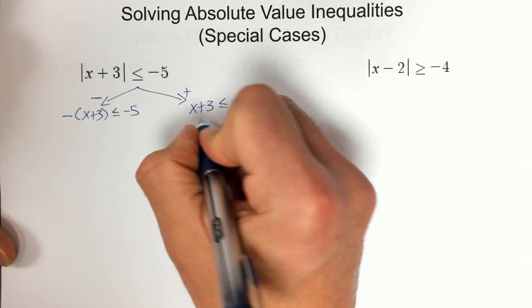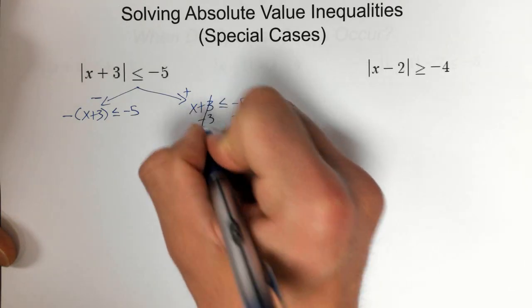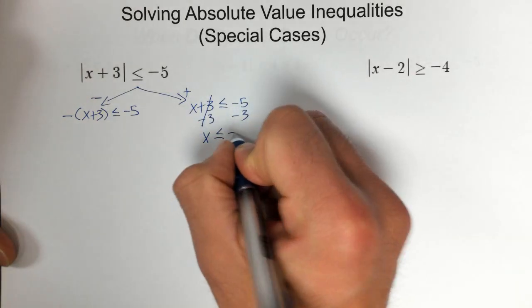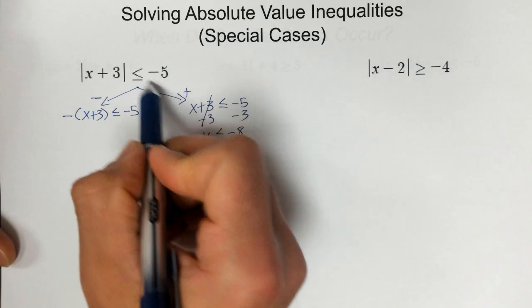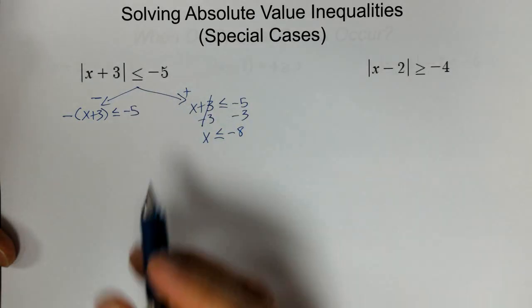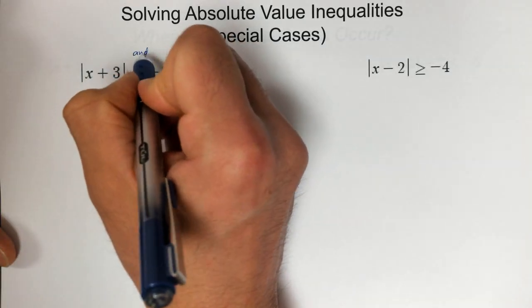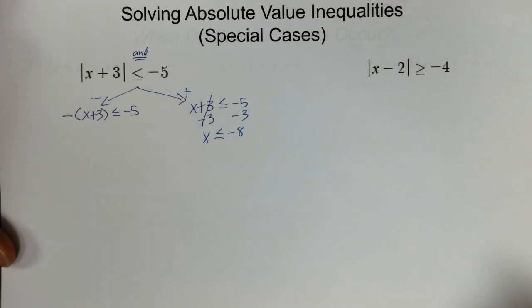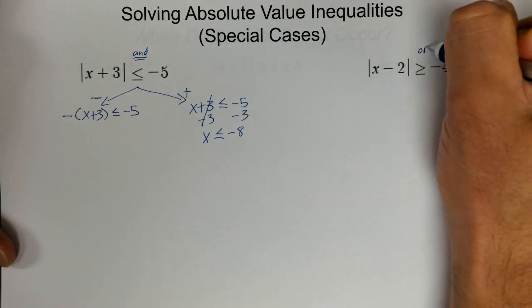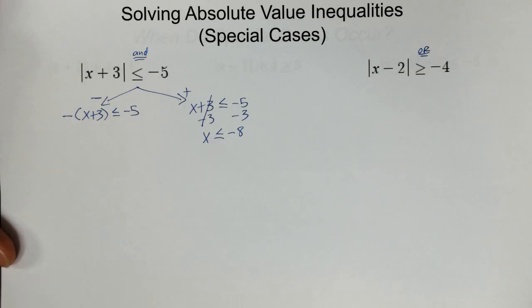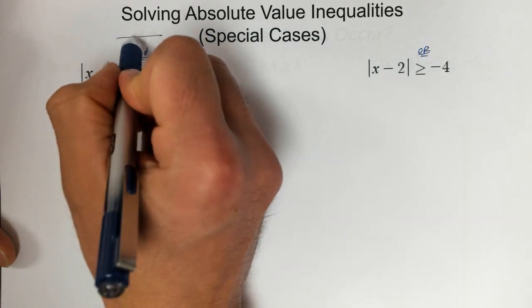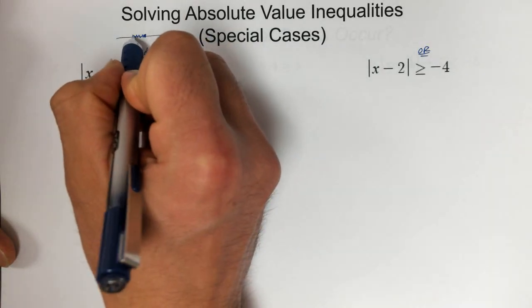But look what happens. When I solve this over, x is less than or equal to negative 8. Now, because it's less than, what am I picturing here? I'm picturing and. Right? That's a key word I want to use. If it's greater than, I'm picturing or. Now, remember that and is when you're graphing between 2 points, right?